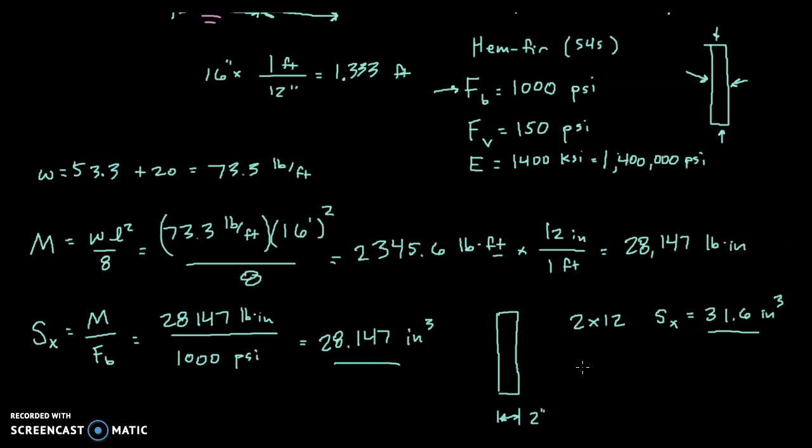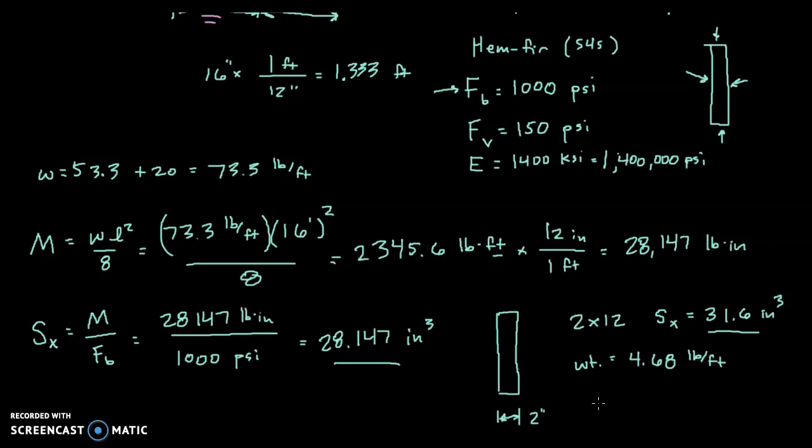A 2x12 weighs 4.68 pounds per foot, and that comes from the same appendix where I found the section modulus for a 2x12.